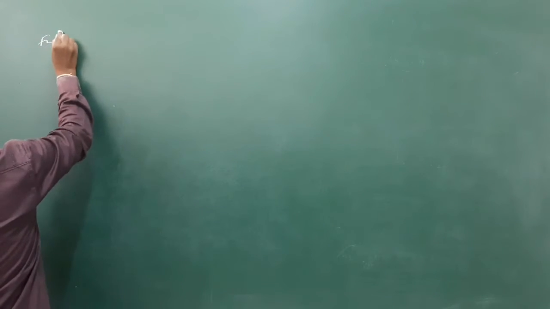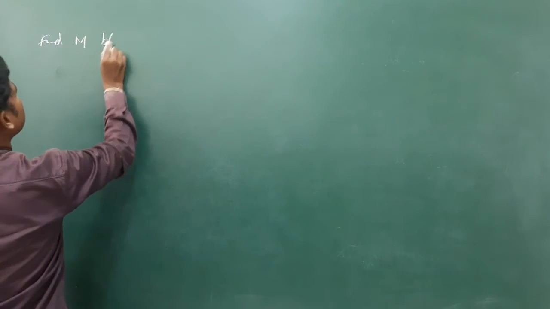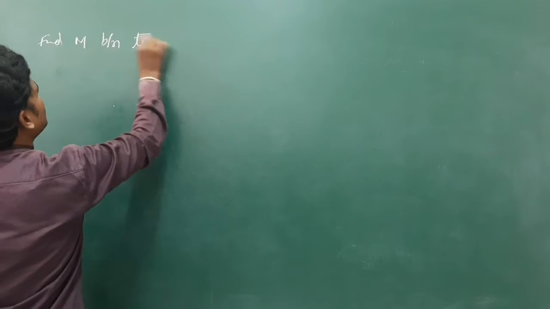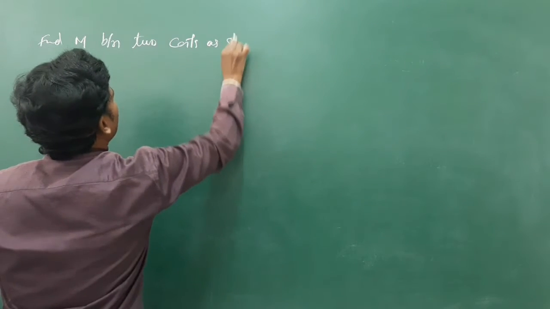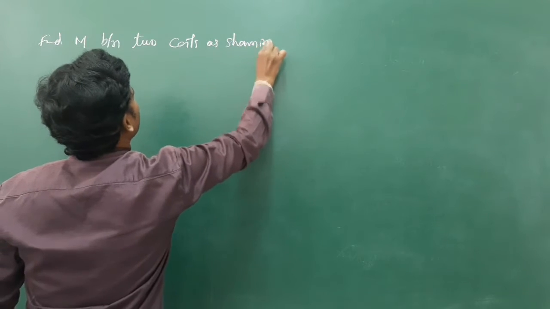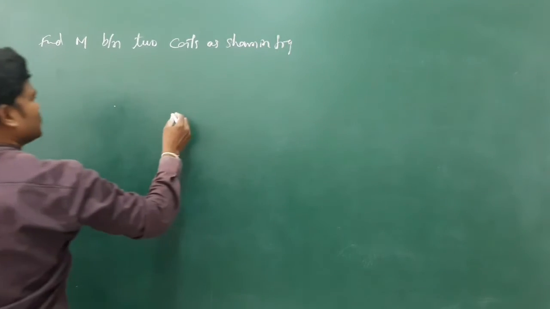Find mutual inductance between two circular coils as shown in figure. Now see the diagram.